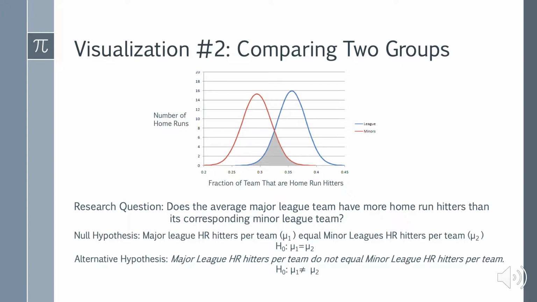The null hypothesis states that major league home run hitters per team equal minor league home run hitters per team. The alternative hypothesis is major league home run hitters per team do not equal minor league home run hitters per team.